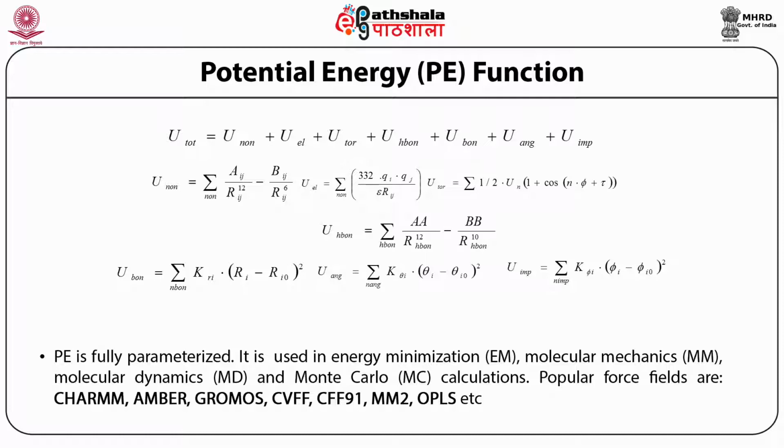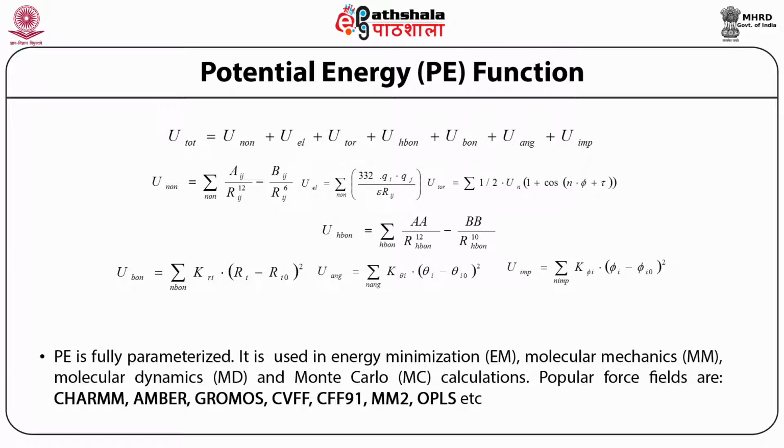Now, the parameters of these various terms can differ, and these terms are fully parameterized. This full function is used in energy minimization programs, molecular mechanics programs, molecular dynamics programs, and Monte Carlo calculations.